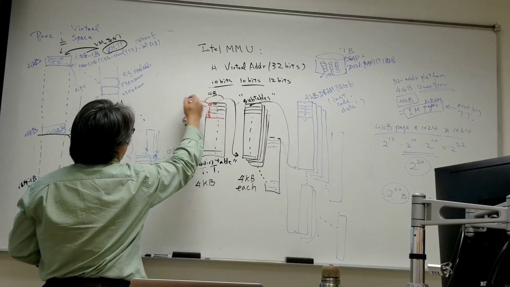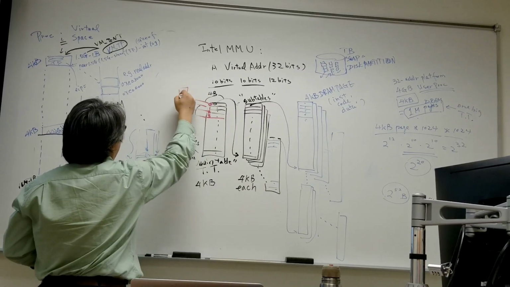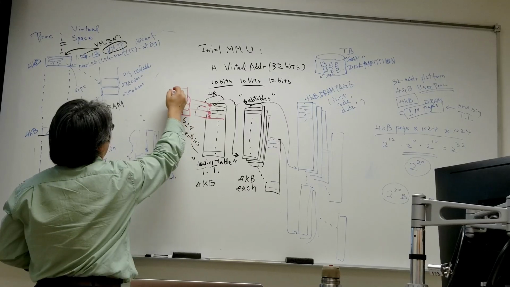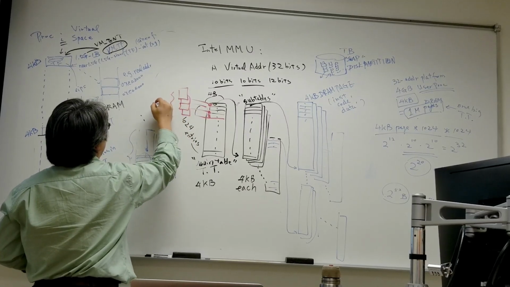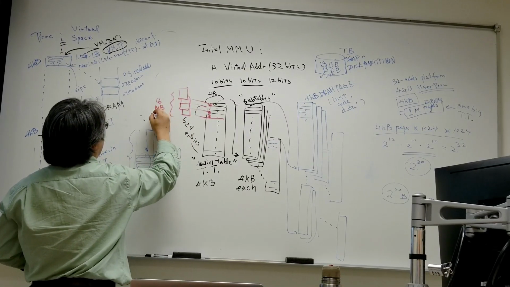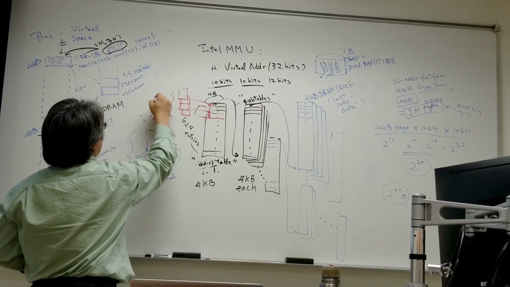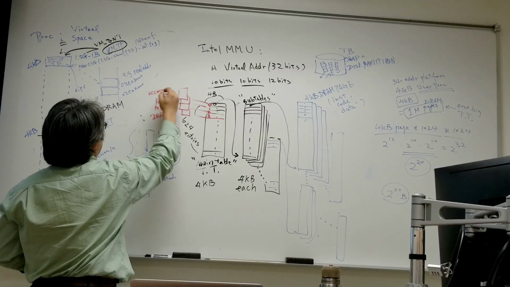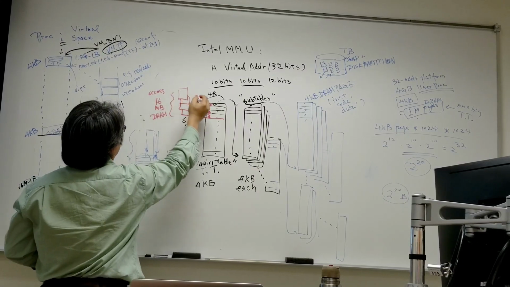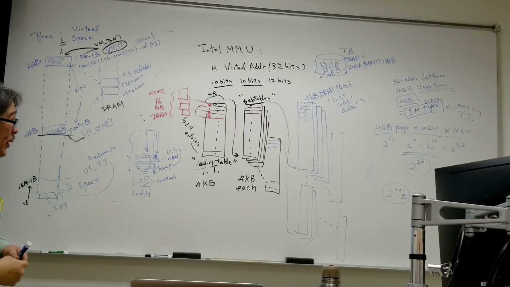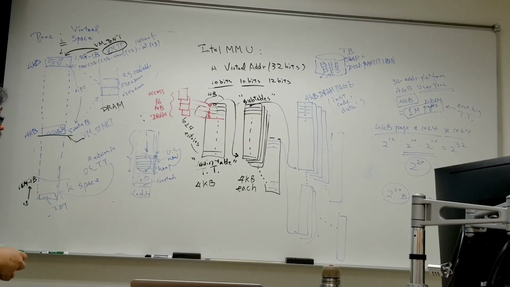Each subtable is responsible for 4 megabytes, so total is 16 megabytes of DRAM access. That can cover the OS up to 14 meg.